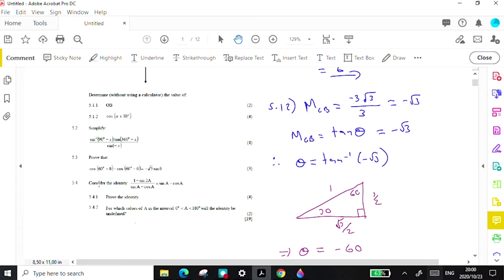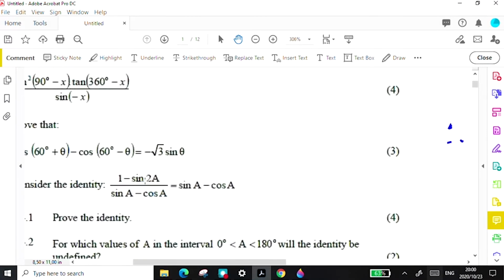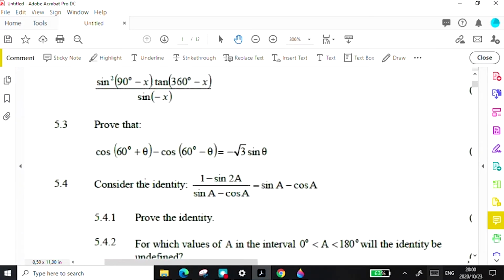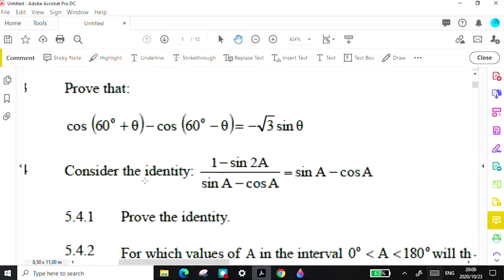For number 5.3, we want to prove that cos (60 plus theta) minus cos (60 minus theta) is equal to negative square root 3 sine theta.